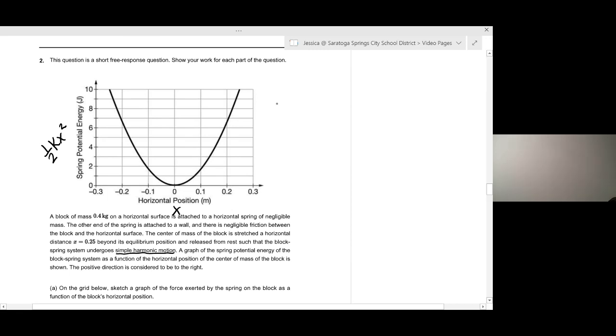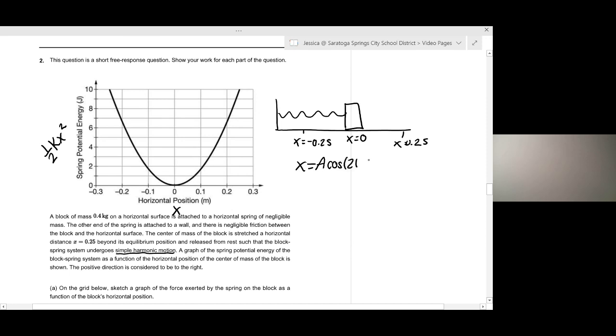So what we're essentially viewing a graph of is a situation like this, where a block is displaced. This is negative 0.25, this would be positive 0.25, and there's a 0 there. It oscillates back and forth. Some equations we might need are the position equation for simple harmonic motion, the period of a spring system, which is 2 pi square root of m over k.